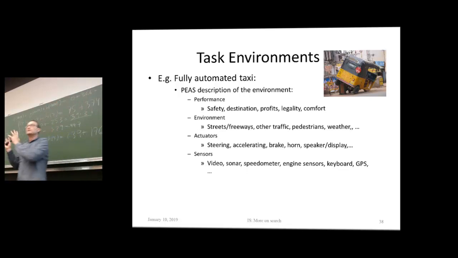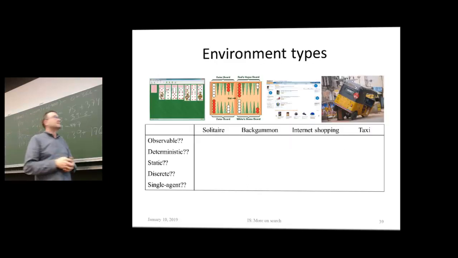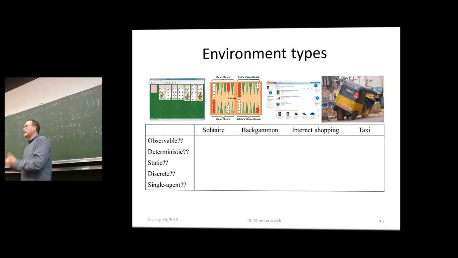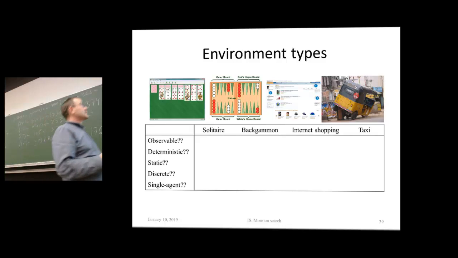And this is very important, that you study these randvoorwaarden, as the Dutch would probably call it, or the properties of your task in which the agent operates, that you understand and analyze that very well. And then there are different criteria according to which you can analyze these environments, some types.